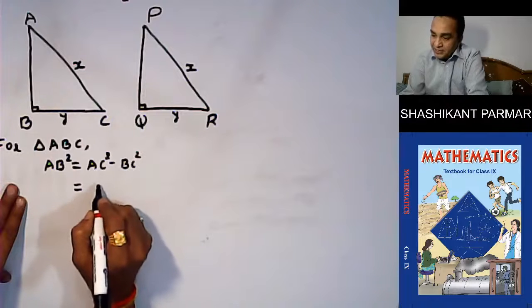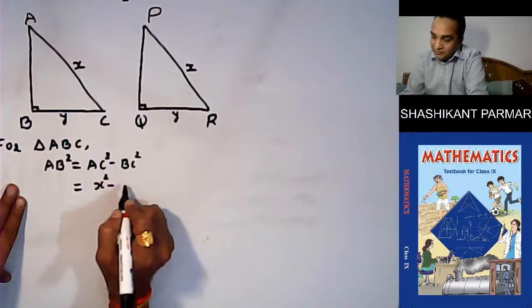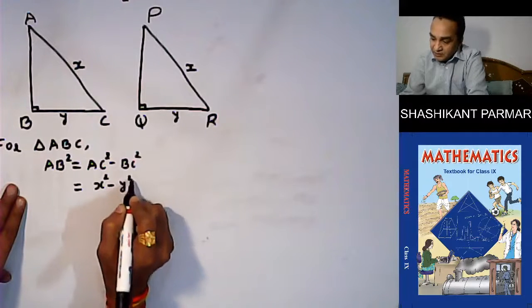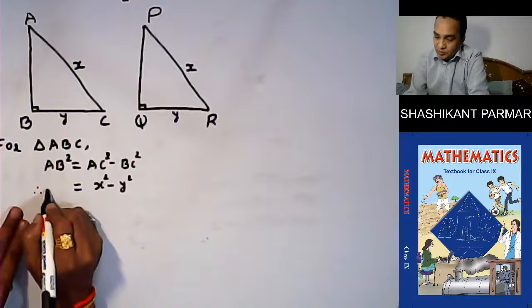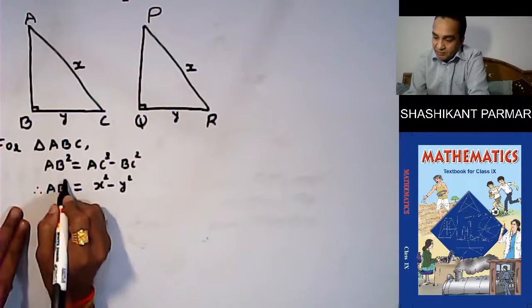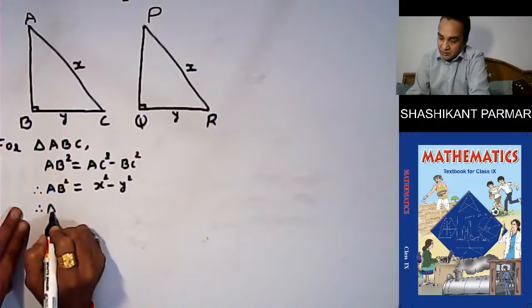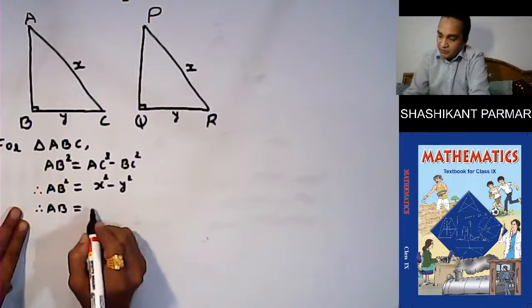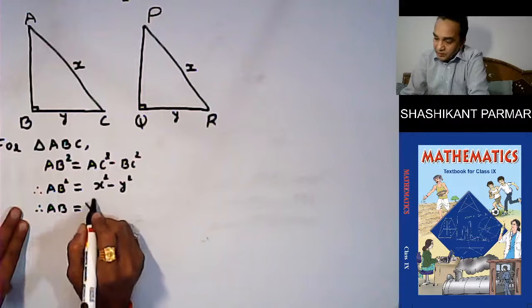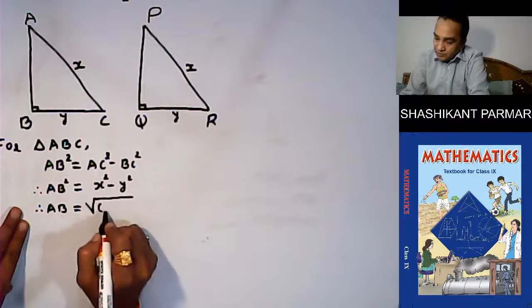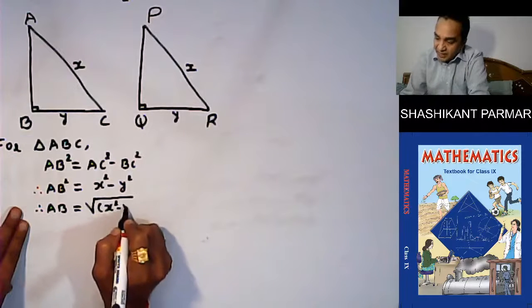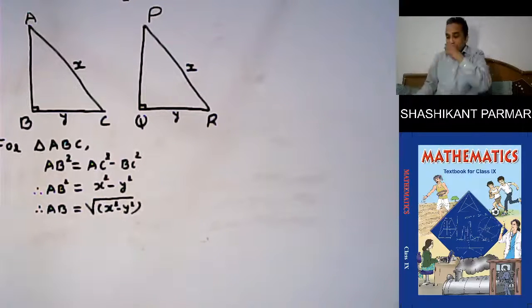AC square is x square, BC square is y square. So this is AB square, and therefore AB is equal to root of x square minus y square.